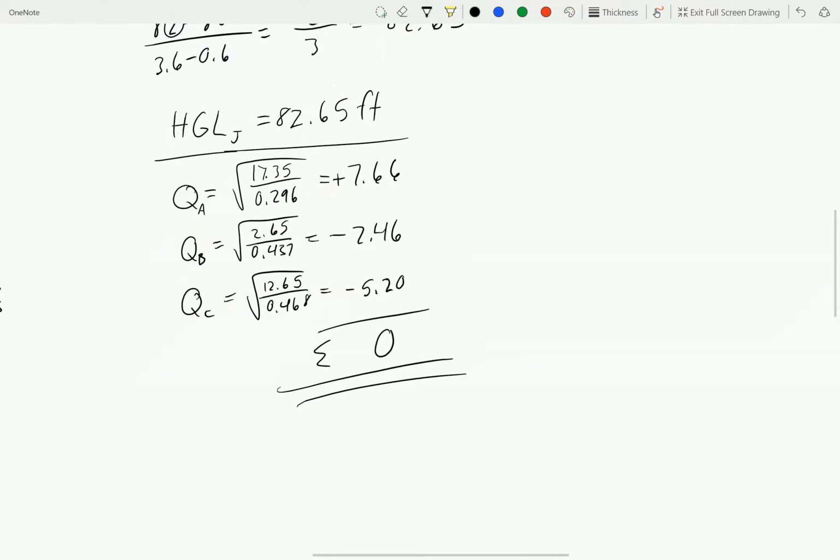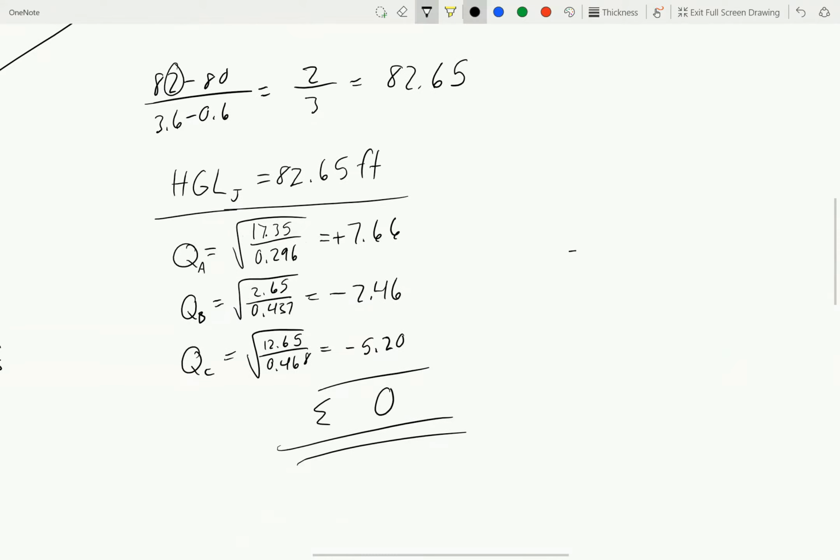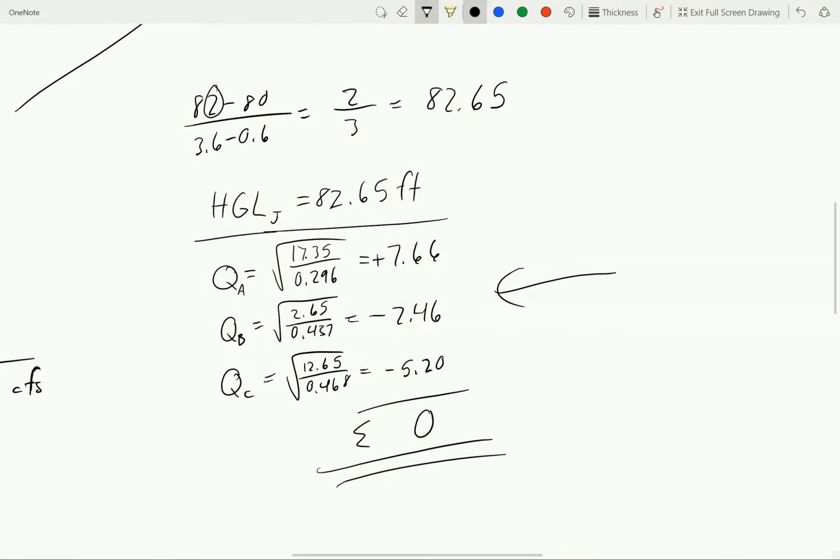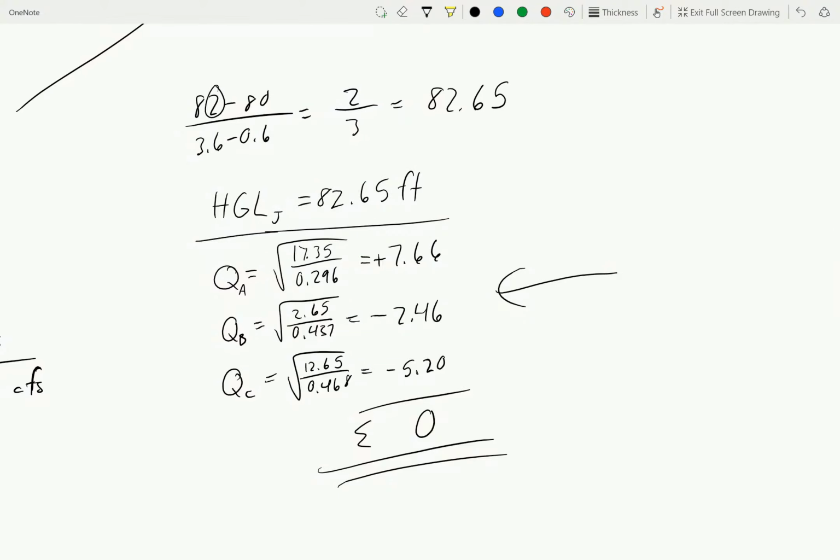Then you can just linear interpolate again, and then you don't have to show this work here. You can just say, okay, I linear interpolated this and I came up with a value for this, and then you're done. So we know that the flow out of A is 7.66 CFS.